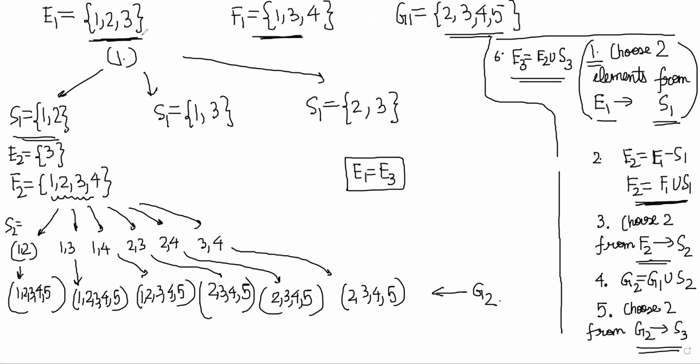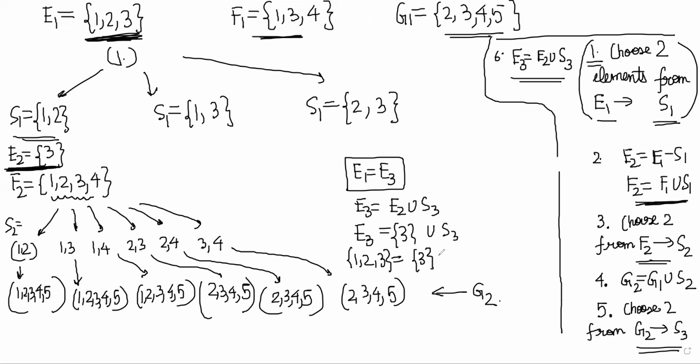So E1 is 1, 2, 3. And what is S3? E3 is E2 union S3. We have already gotten E2, right? Notice here we have already got an E2. So E3 is E2 union S3, and E2 is 3, so 3 union S3 is E3. So if E1 was 1, 2, 3, then this E3 should be 1, 2, 3, equal to 3 union S3.